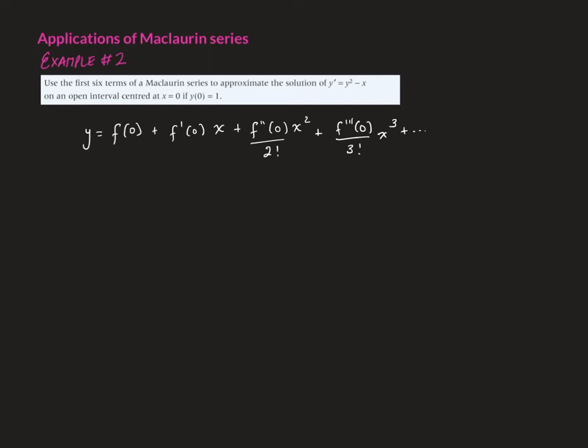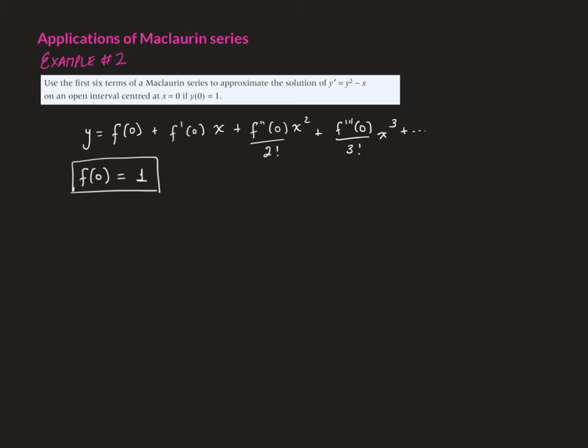We are provided f of 0. We know that f of 0 is going to be 1. This is given in the problem. So we already found the first coefficient. Now we want the second coefficient, and for that we're going to need the first derivative. Now the first derivative is given in the equation. So we're going to use the differential equation to substitute the values.